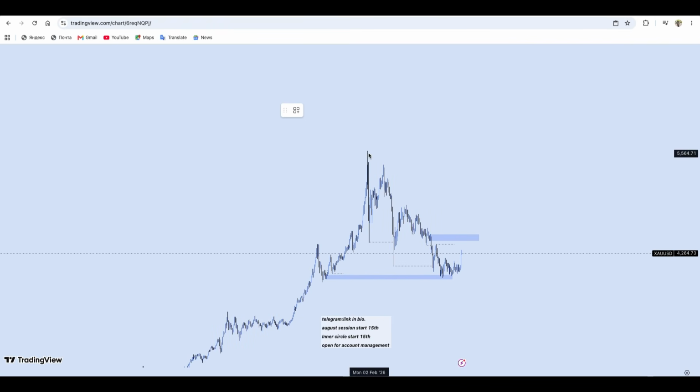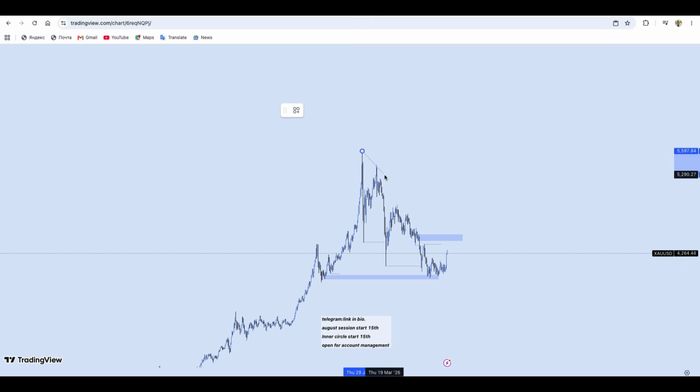We can see that here is a swing high, here is another swing high. So if price mitigated this trend line at another swing high, we have the mitigation of a trend line. So we should at least expect something like a third touch of a trend line.